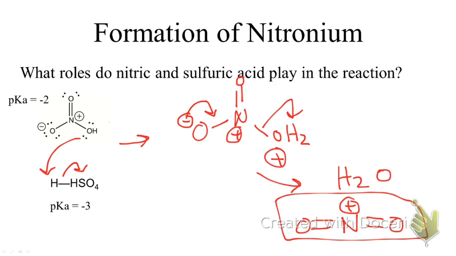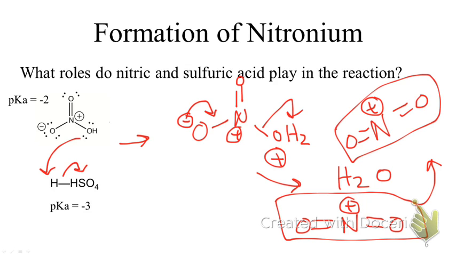There's your electrophile. Let me draw it above the sign. There's your electrophile. We can see that now, right? Okay. You need to be aware of what those species are acting as and how those arrows move. You will be tested on that. It shows up in all sorts of questions elsewhere.